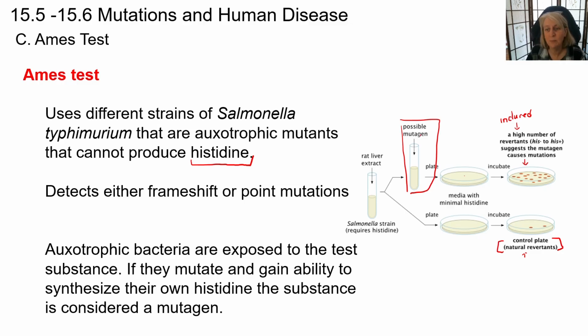So I can see if it may not be the mutagen itself directly, but some byproduct of the mutagen that is actually causing the mutations. So I can see, is it this chemical, or could it be this chemical inside my body going through the changes that my body is asking it to do that is actually causing the mutation to happen? And both of those are of a concern because we're worried about having this process be a mutagen in living human beings, not in cells on a plate. That's not our concern.